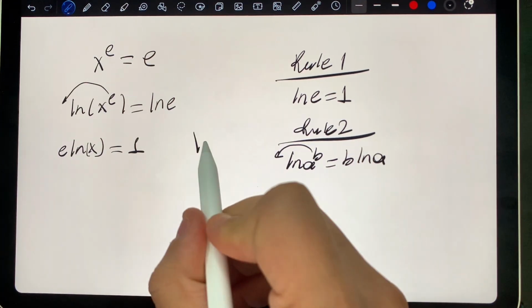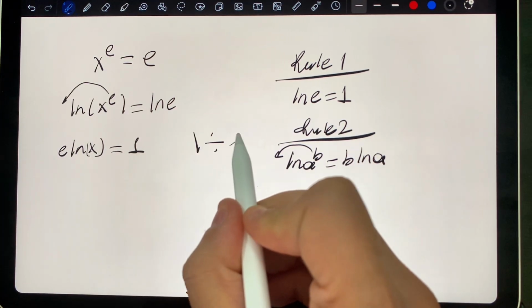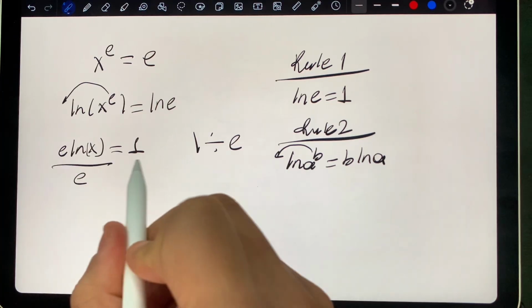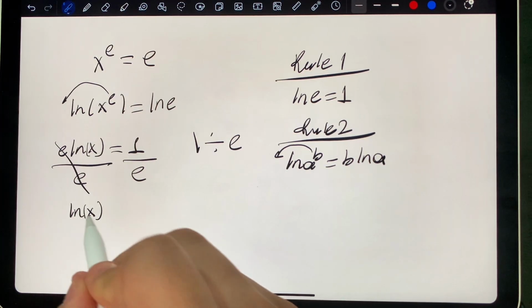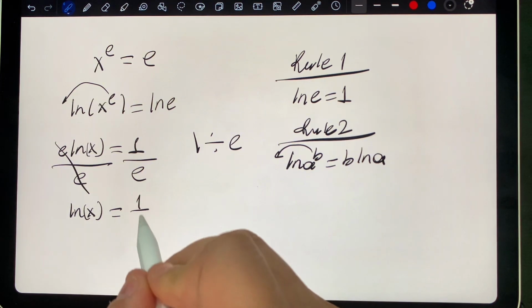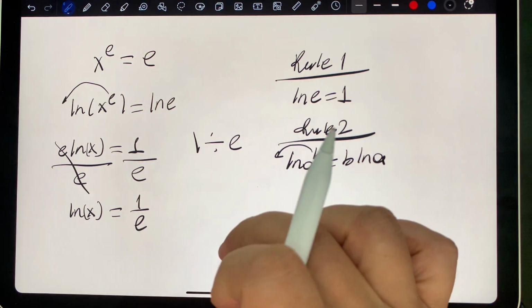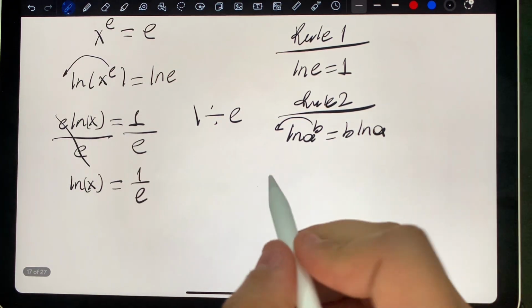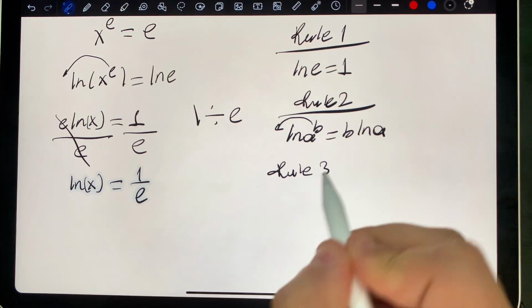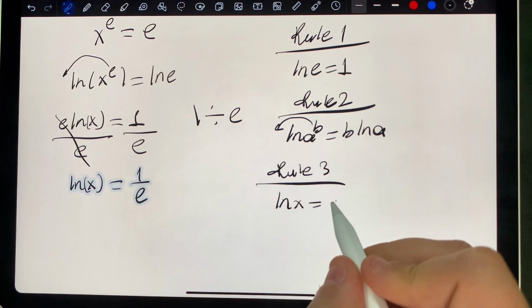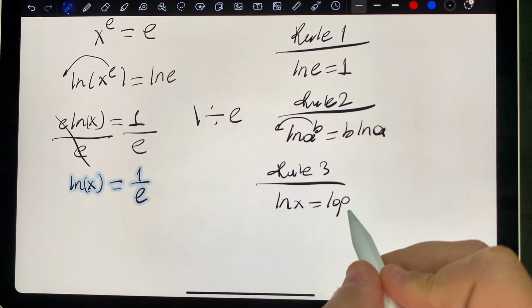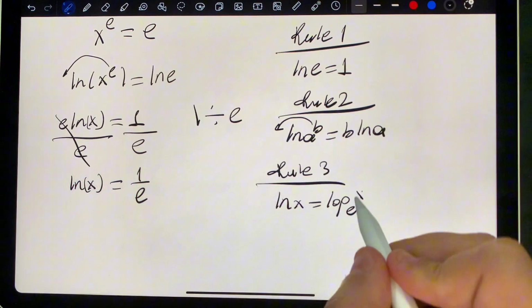Now divide by a. ln x equals 1 over a. Now rule 3: ln x equals log base e of x.